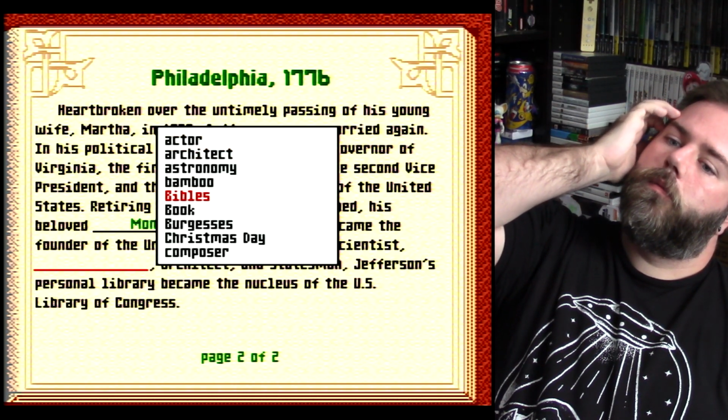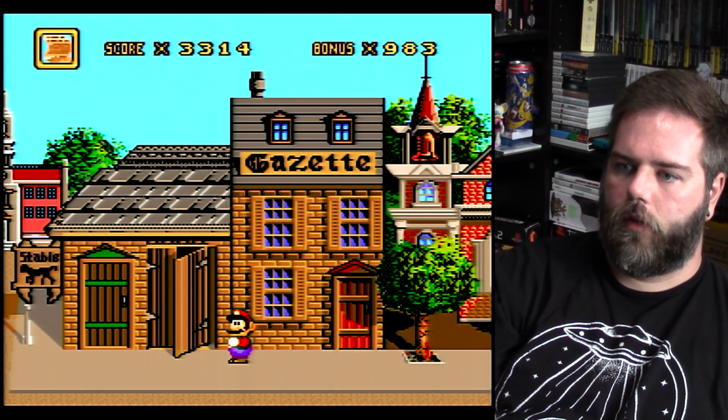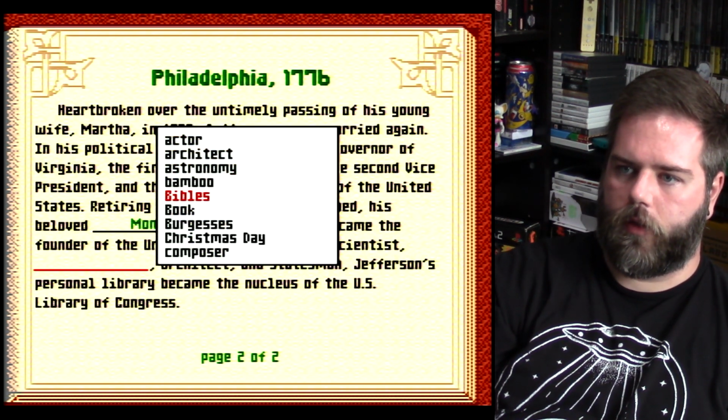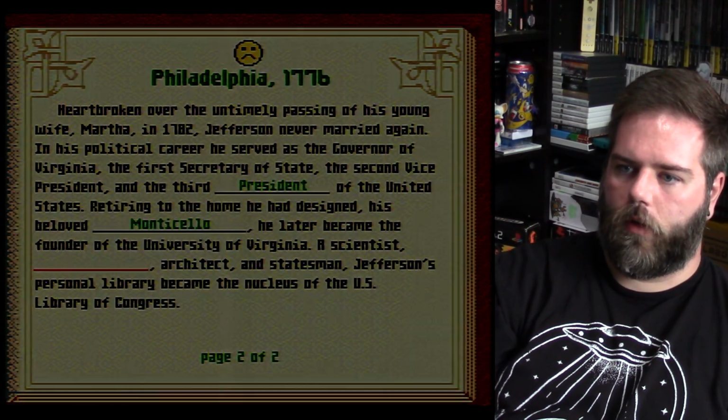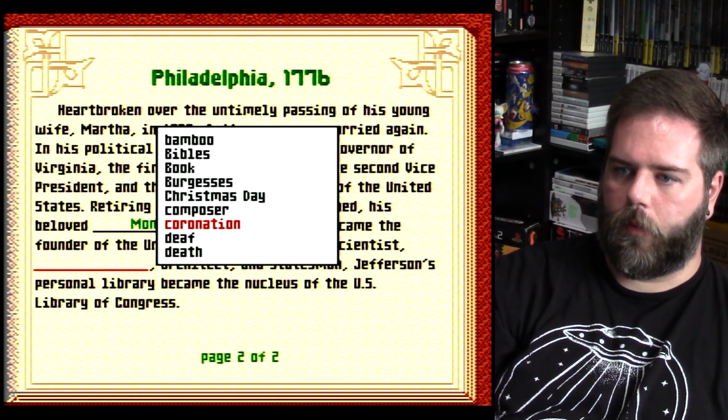I don't think it would be actor. Doesn't make any sense. Well, what else is an actual occupation that is on this list? An architect? No. Oh, it says architect right there. And that's the first one I chose. What's next going down the list? Composer?